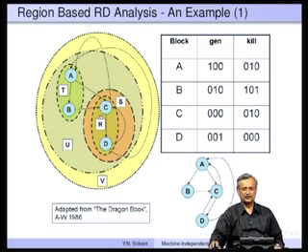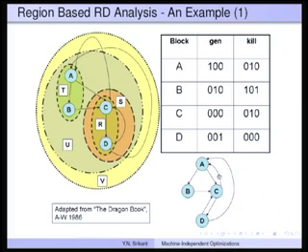So, here is an example of region based analysis. We have all the regions that I showed you. Let us say there are 4 blocks, and here are the gen and kill sets, and here is our control flow graph.